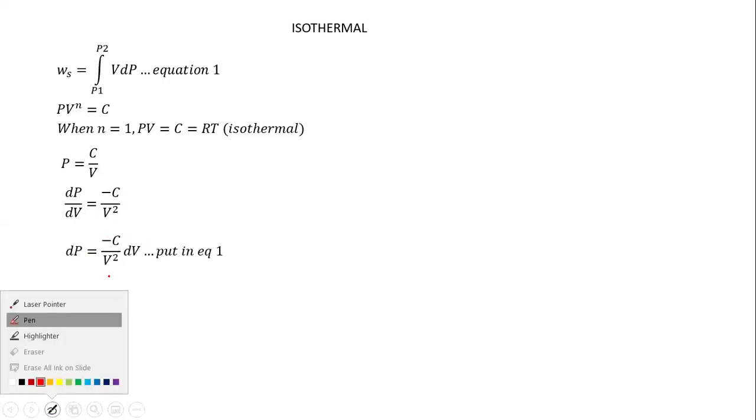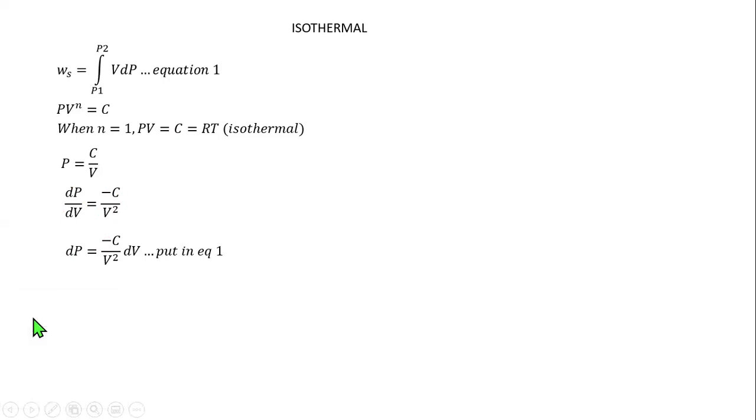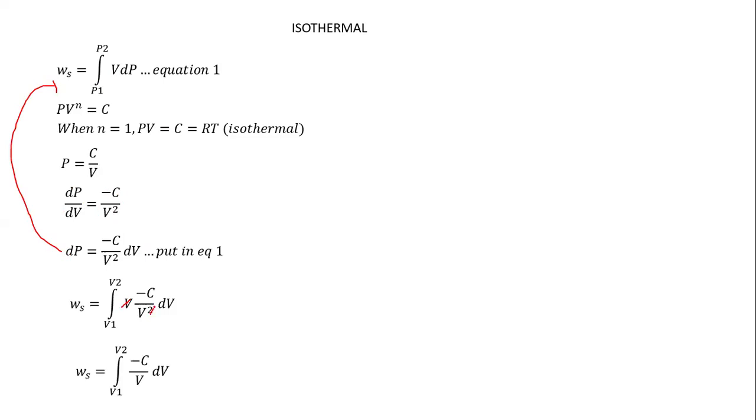And I can now put that expression into the first equation. So I'll replace dP here with this. When I do that, I'll end up with this. Now the V here can cancel out one of the V here, so that I end with this expression over here, right?